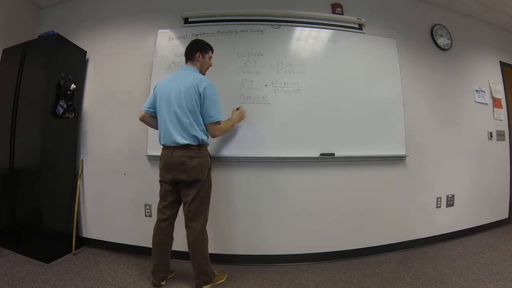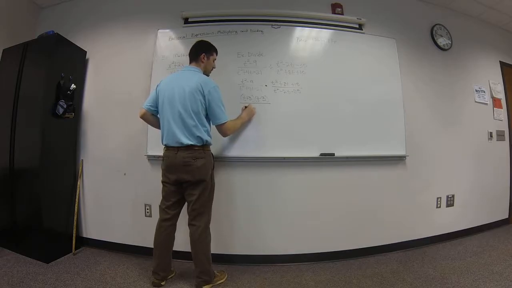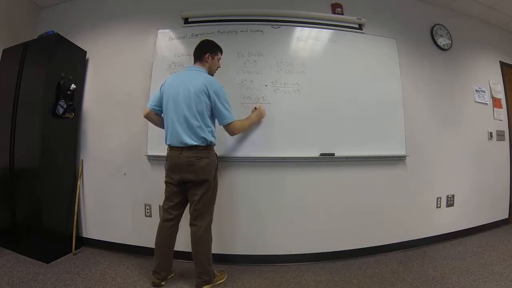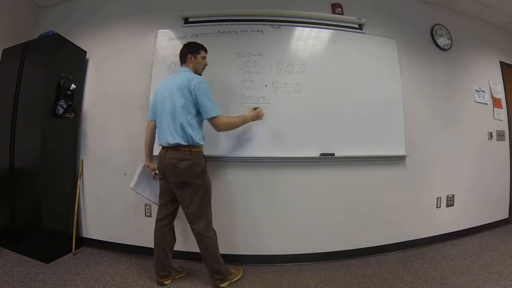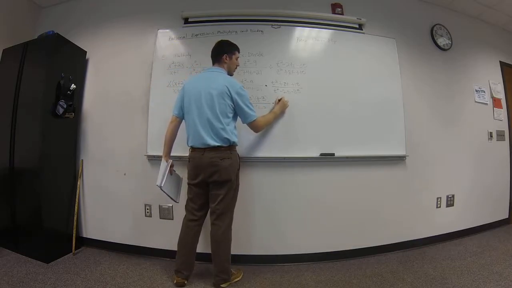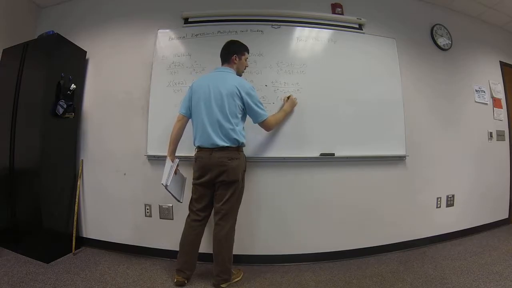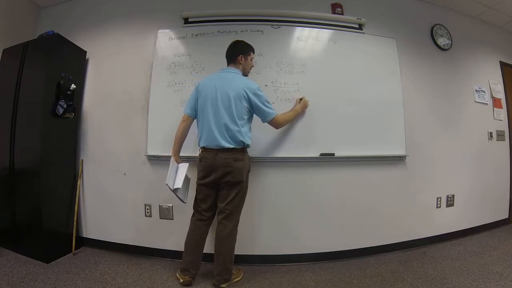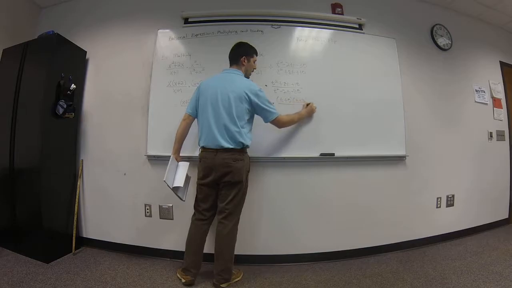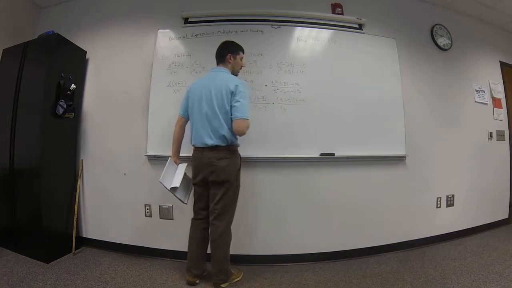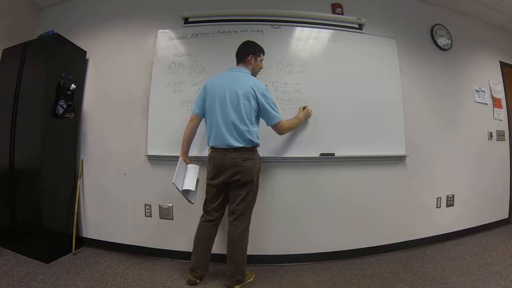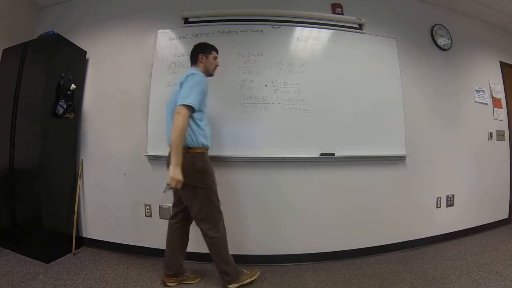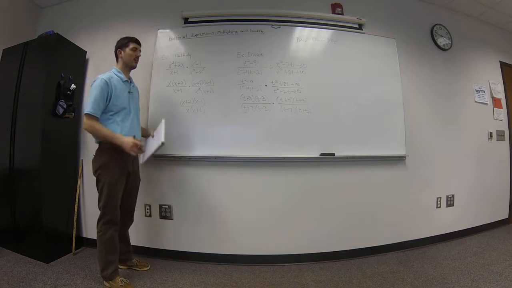On the bottom, I have t plus 7, t minus 3, times, over here we have t plus 5, t plus 3, and on the bottom, I have t minus 7 and t plus 5. So now that's how everything factors.